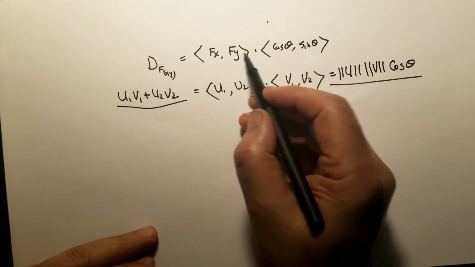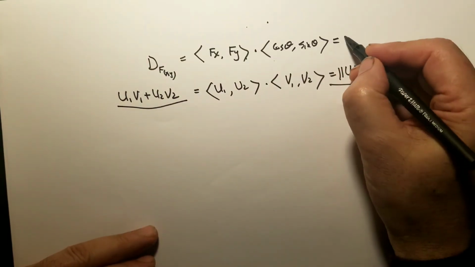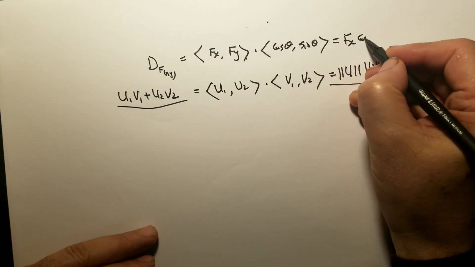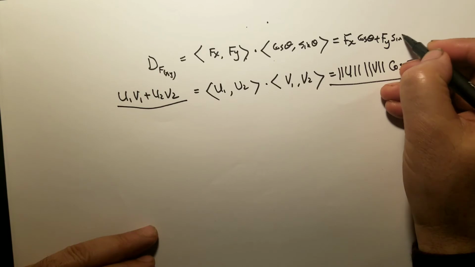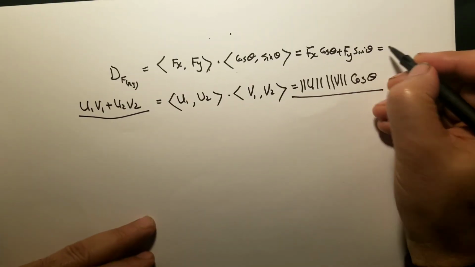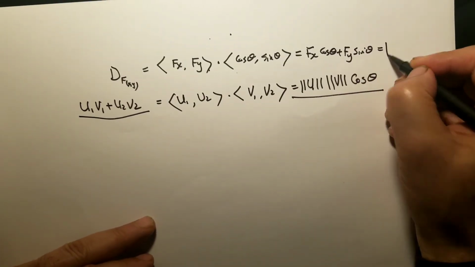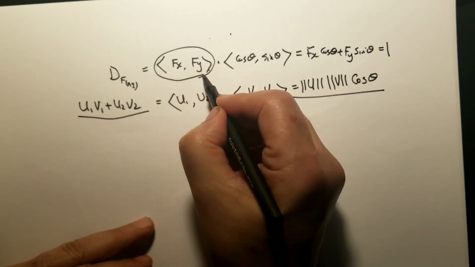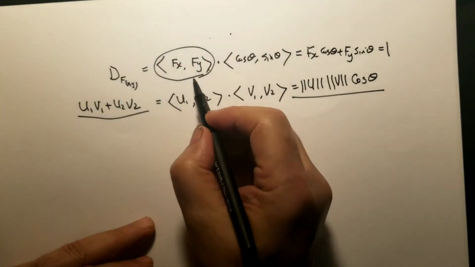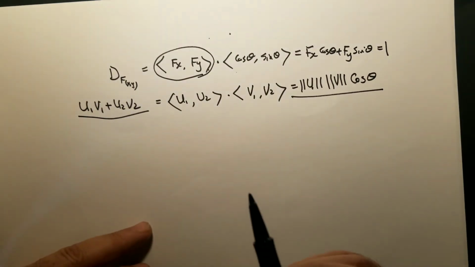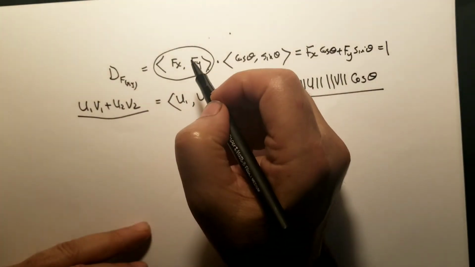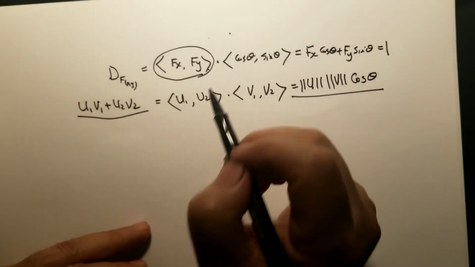Here, I can write that directional derivative as the partial derivative with respect to x times cosine theta plus the partial derivative with respect to y times sine theta, or the magnitude of that vector. I'm going to call that vector the gradient. That gives me the fastest rate of return. The gradient has a notation.